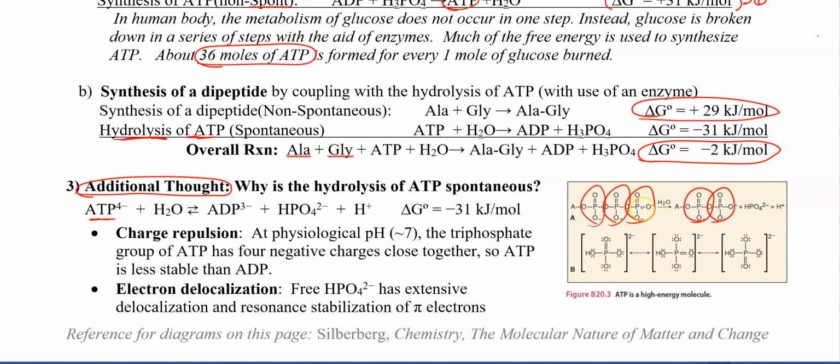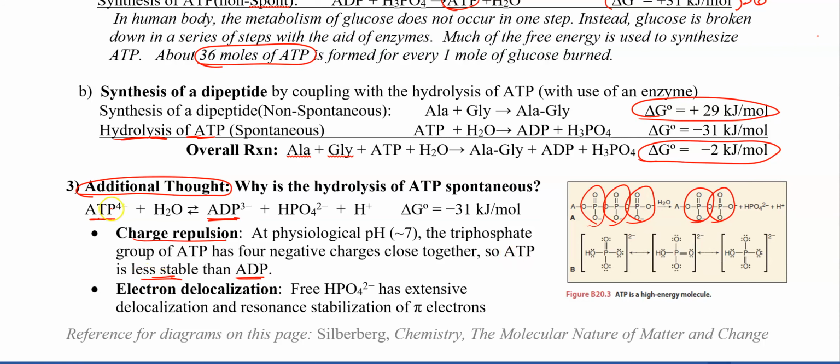So you're breaking off one of those phosphates, and it turns out that phosphates have that negative charge. And so does it make sense if you go from a -4 to a -3, there's less electron repulsion, and so the ADP is going to be more stable. So that's what it's telling you here. When you go from the triphosphate to the diphosphate, the ATP is less stable or the ADP is more stable.